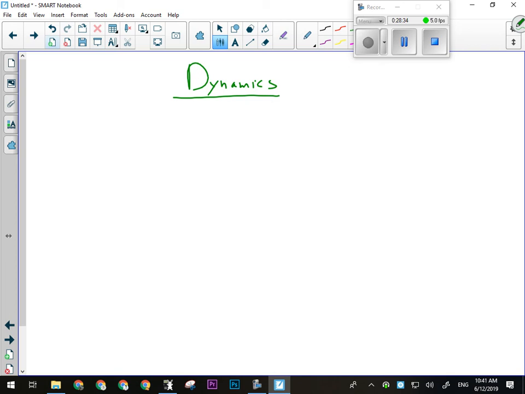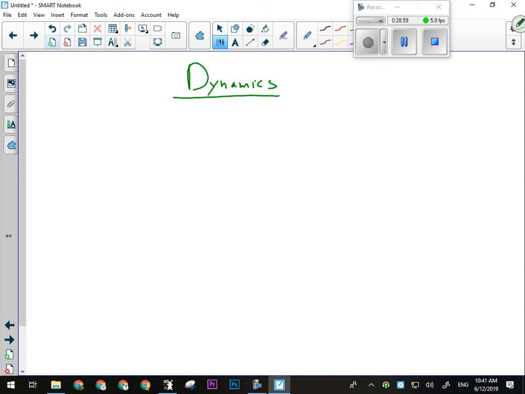It tells us what an object does in the absence of a net force. The object will either stay at rest or continue traveling at a constant velocity. That's the key part because direction matters. Constant velocity until acted upon by an external unbalanced or net force. So that's Newton's first law.